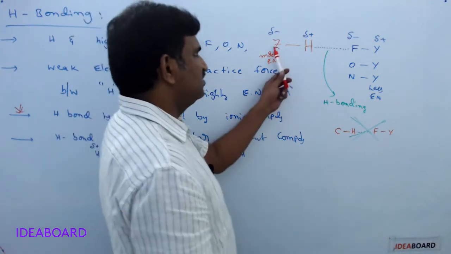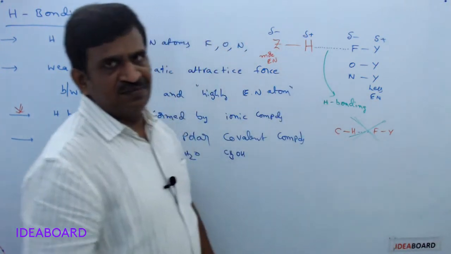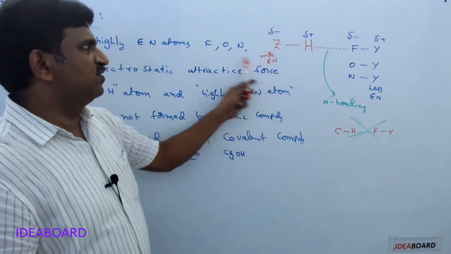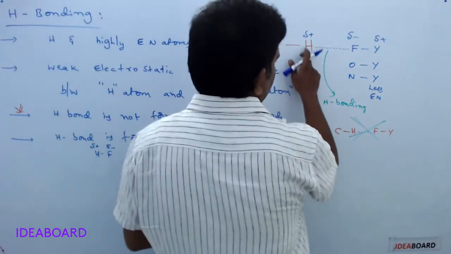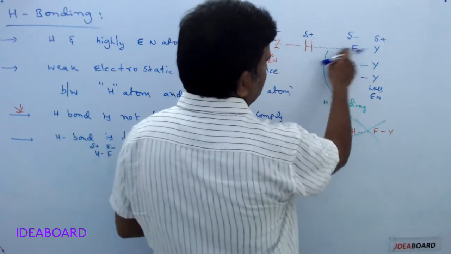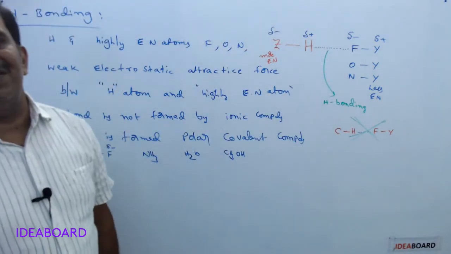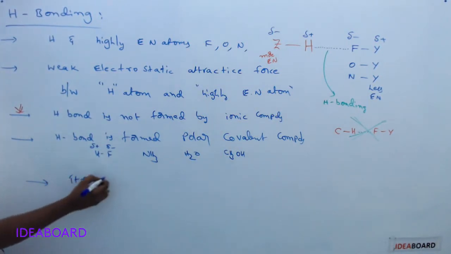Generally this Z must be fluorine or oxygen or nitrogen. Then hydrogen gets a more positive charge and is attracted by the negatively charged fluorine or oxygen or nitrogen.